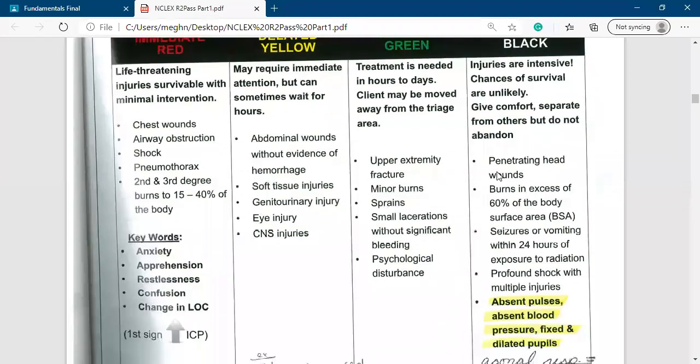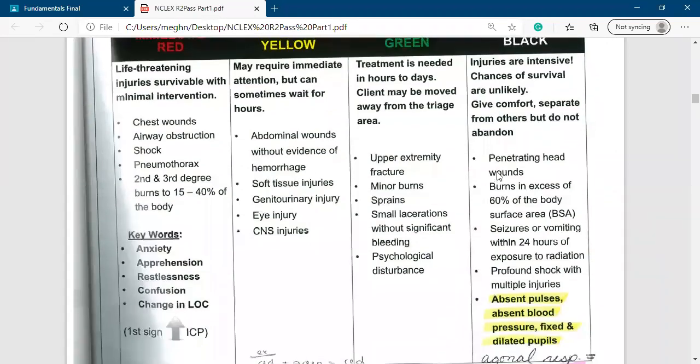And here are some examples of class 4 black tag patients. One is penetrating head injuries or burns in excess of 60% of the body. If the percentage of burn is more than 60%, the patient is very hard to survive.